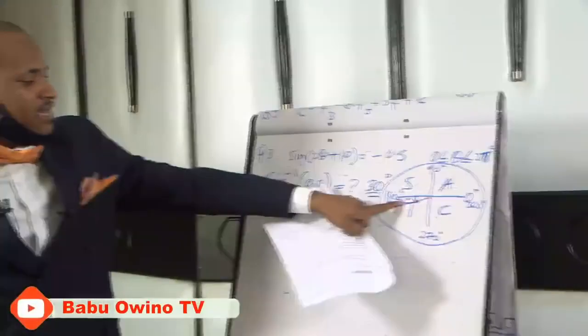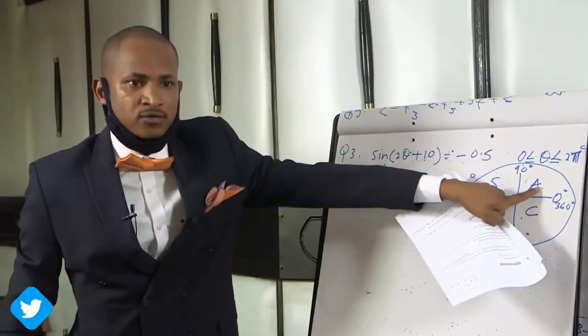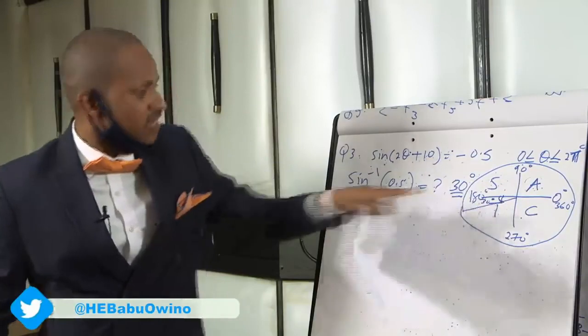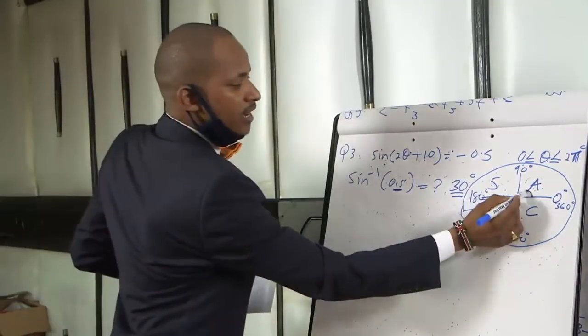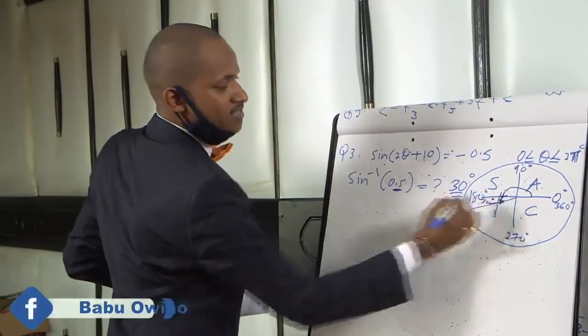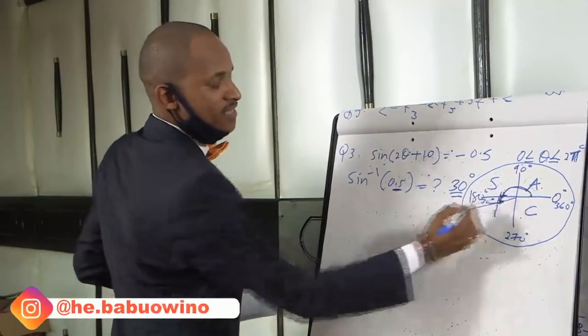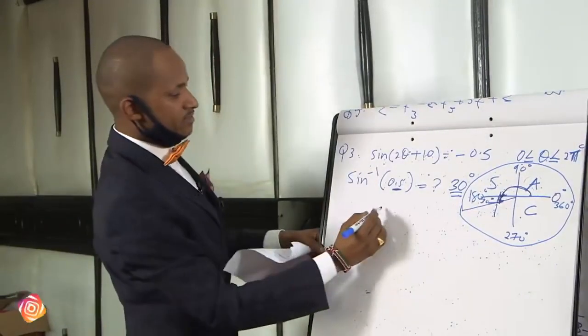So if our angle is lying here, 30 degrees, we cannot write it as 30 degrees because 30 degrees is only positive in the first quadrant. Therefore, in the third quadrant, we will make a half rotation to reach where that 30 is, half plus 30 degrees. So when you make a half rotation, that is 180 degrees plus 30, you get 210 degrees.